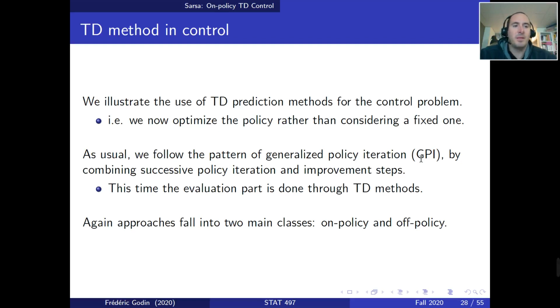But the difference with what we've done in chapter 5 is that now we're going to use temporal difference methods for such purposes instead of the Monte Carlo approach of chapter 5. And again, we're going to see that all the approaches presented in this chapter fall into two main classes, which are on policy algorithms and off policy. I won't repeat the distinction between both right now because we've already mentioned that, but I'll refer to it subsequently.